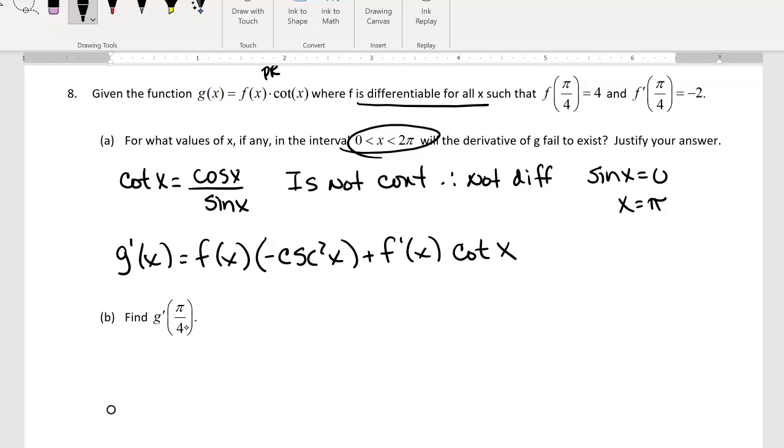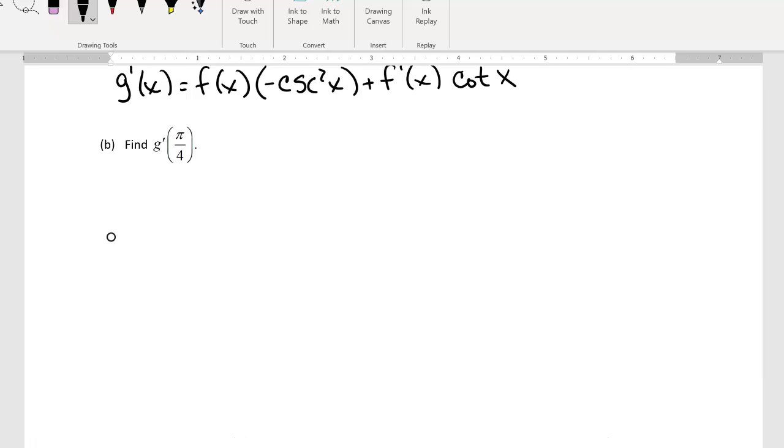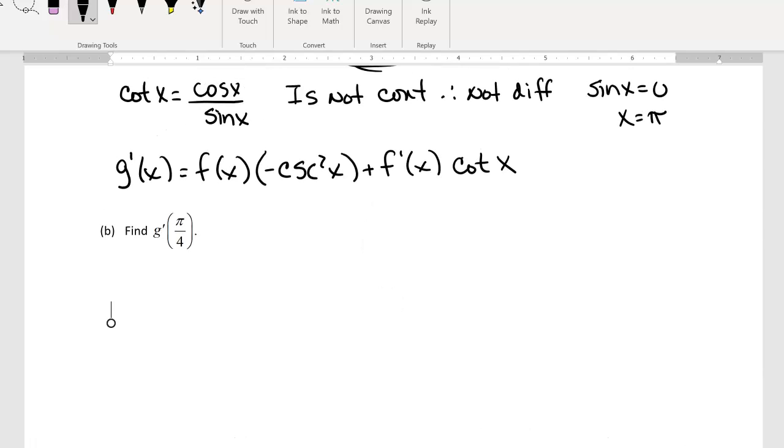And so I do have another function to consider, this negative cosecant squared, but negative cosecant squared is the same as negative 1 over sine squared. So I've got that same denominator of sine, so I'm not going to pick up any more points where the function isn't differentiable. So I can just leave it as x equals pi.